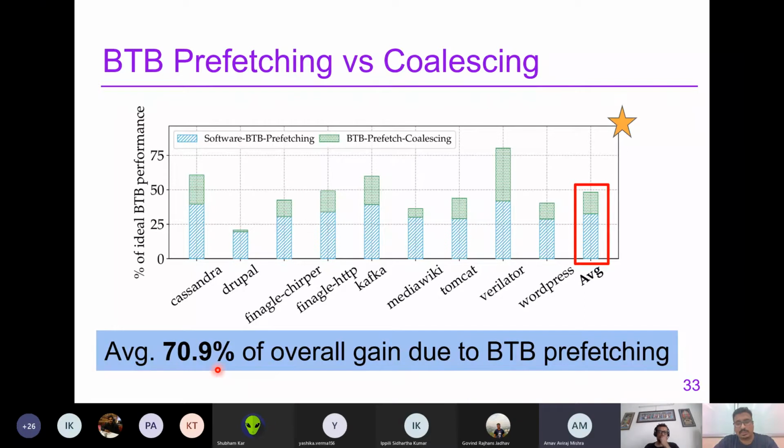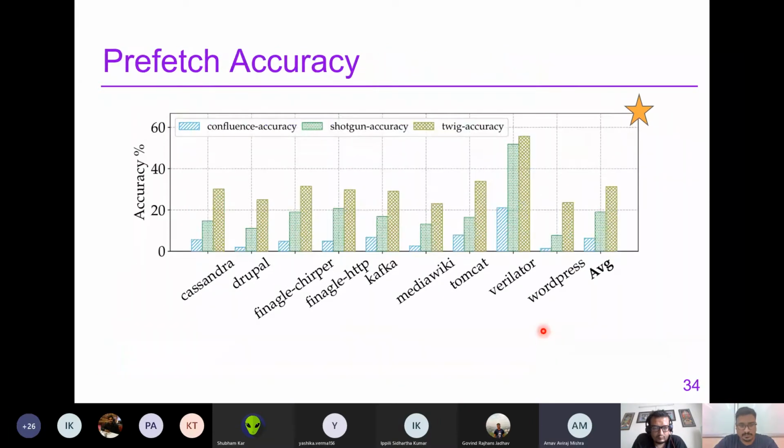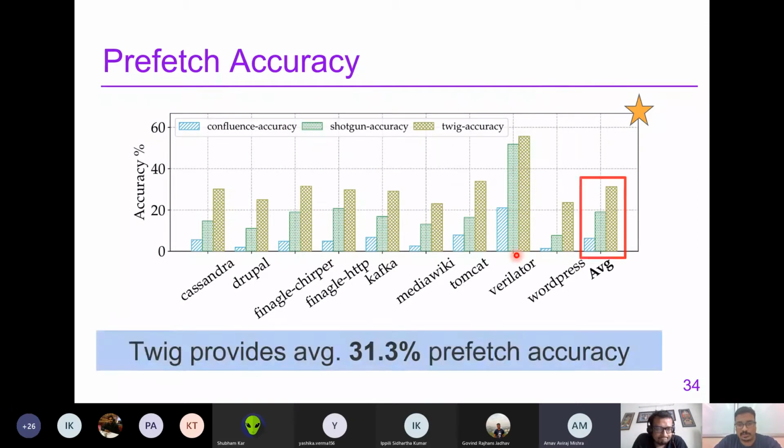Out of the overall gain, 71% is because of BTB prefetching. In prefetch accuracy also, Twig is outperforming Shotgun and Confluence in all of the applications, and on average Twig gets 31.3% prefetch accuracy.